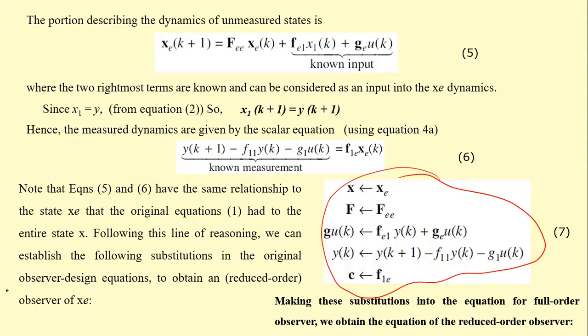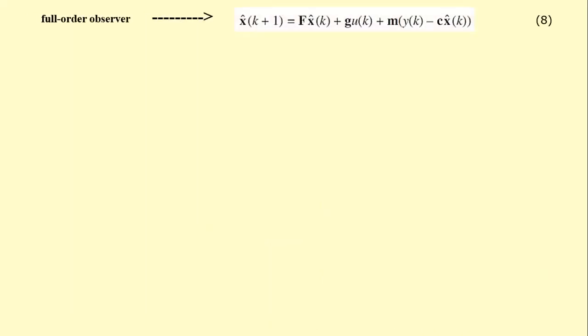On simplifying that equation after substituting these parameters, we will get a reduced order observer. Now the full order observer is this one, given by equation number 8 here, right? This is the full order state observer equation. In this, we will replace F with F double e and G with that one.